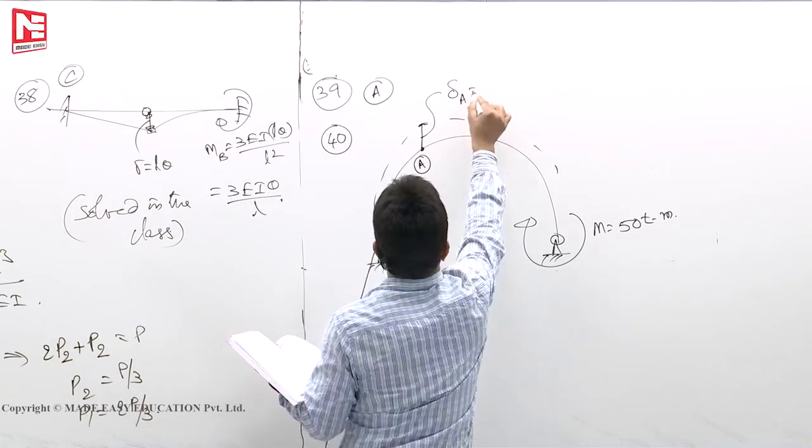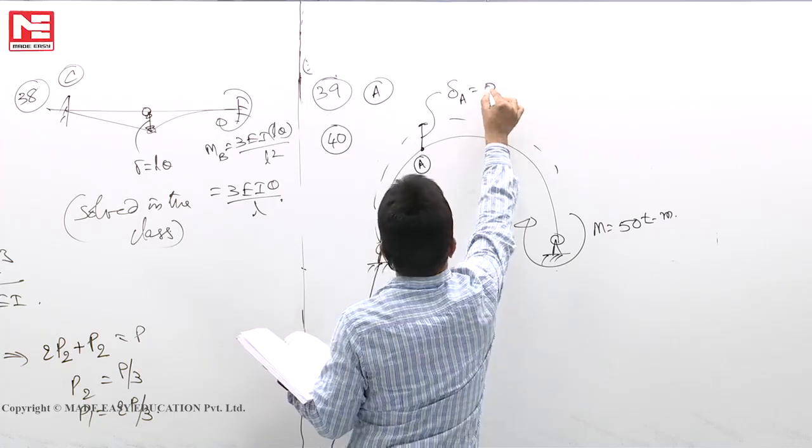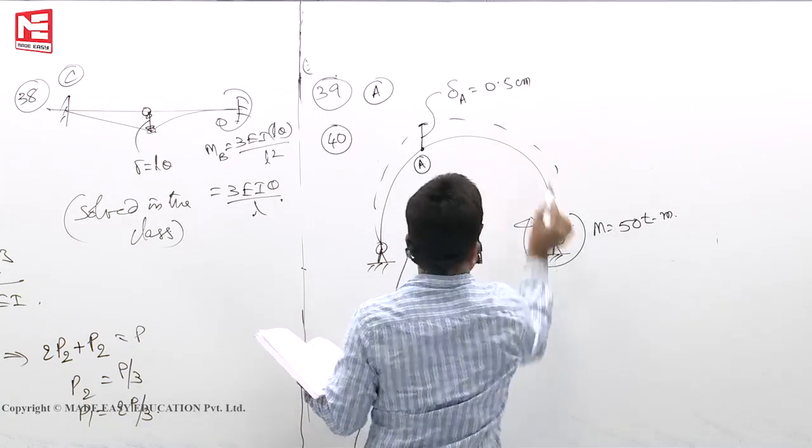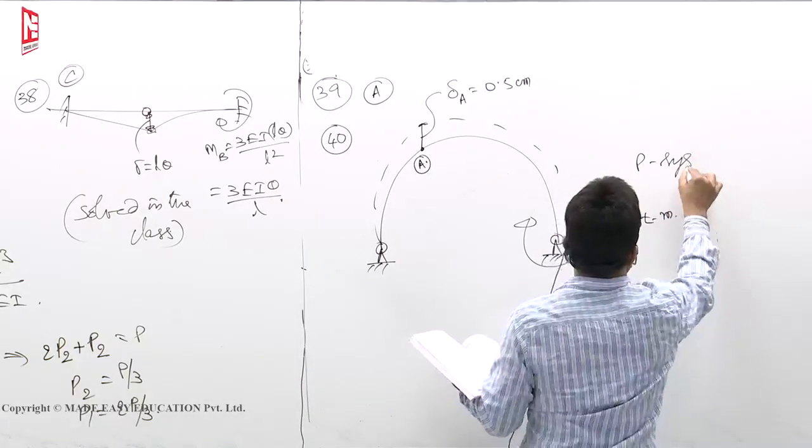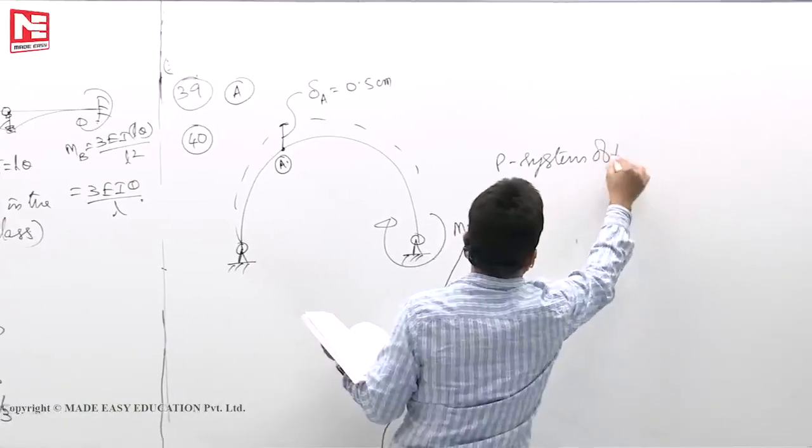Delta A is 0.5 centimeters due to M. This is the P system of forces.